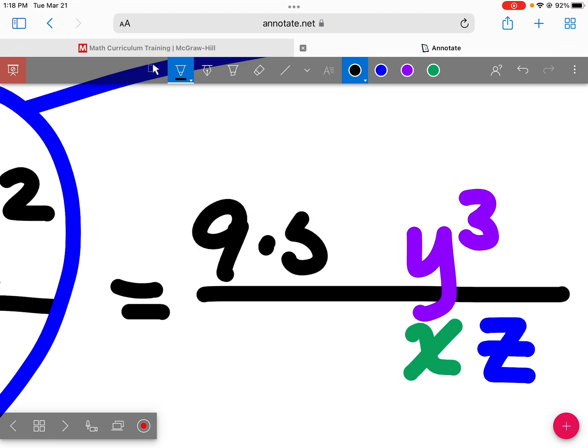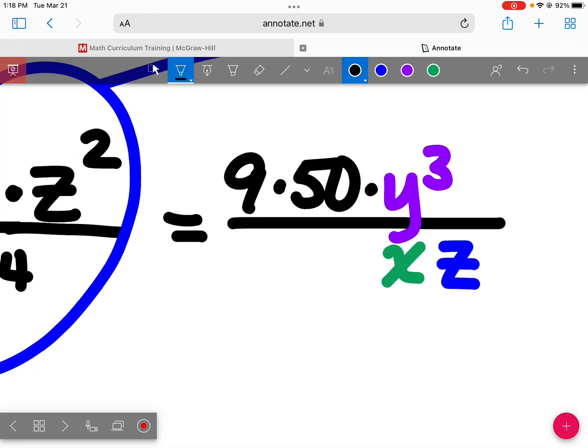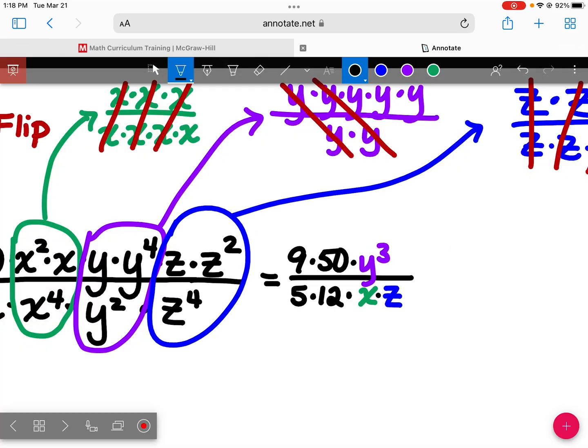So I have 9 times 50 times y to the 3rd. I have 5 times 12 times x times z. I'm going to try to do the exact same thing that I just did with the variables with these numbers. So I'm looking for factors that they have in common that could cancel. Right now, there are no numbers on the top that match numbers on the bottom, right?